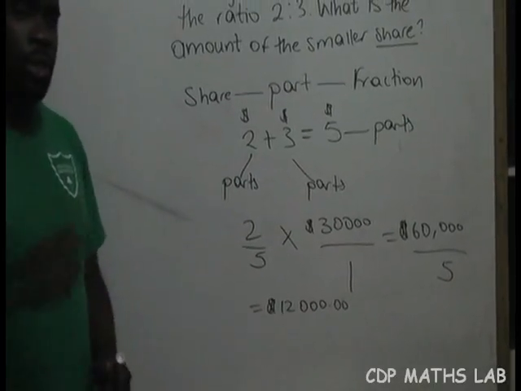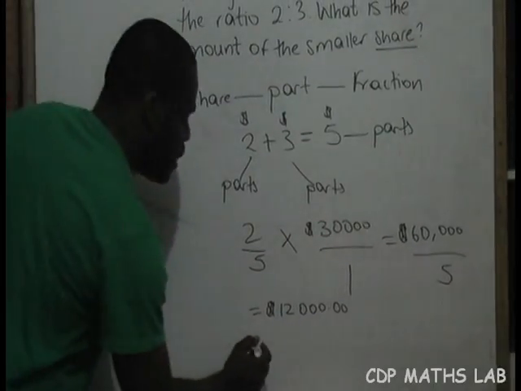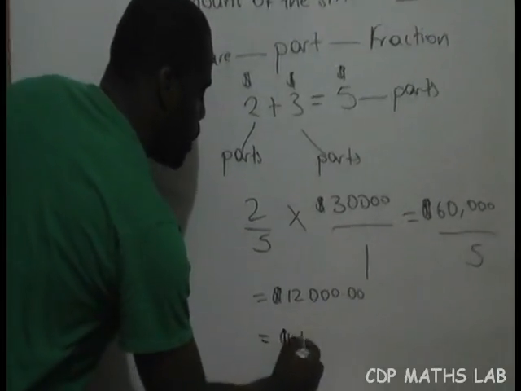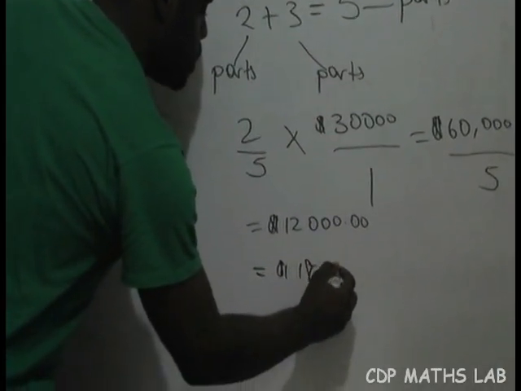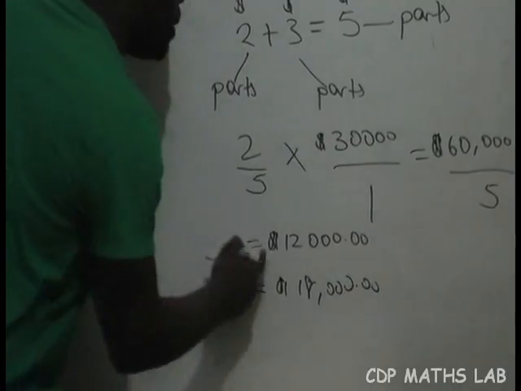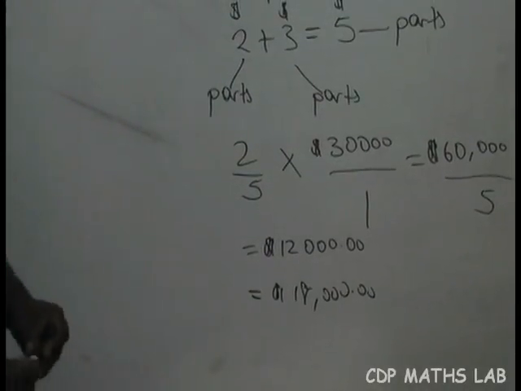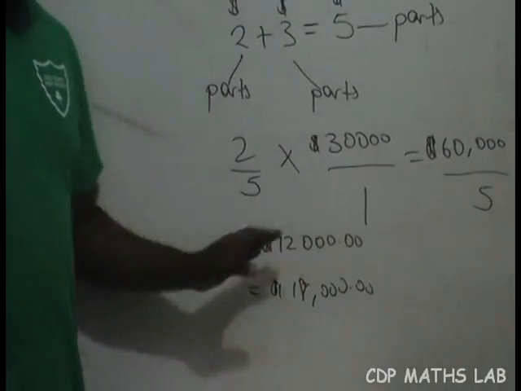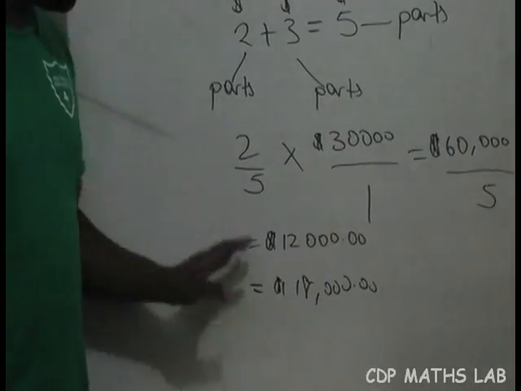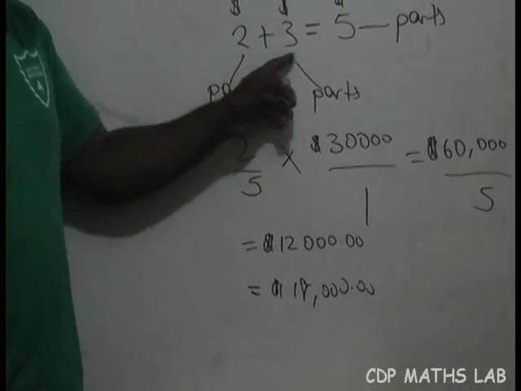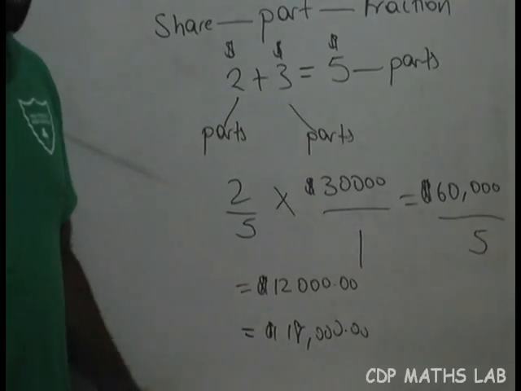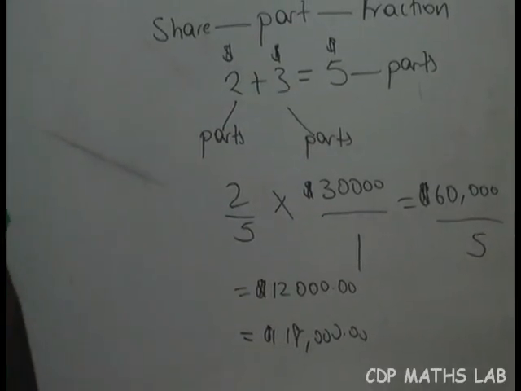Now I want to show you something. What if they had given you both monies and asked you to find the ratio of each? Then you'd find the highest common factor between both of them, and you'd have gone back to the same ratio, 2 to 3. Do you want me to prove it to you?